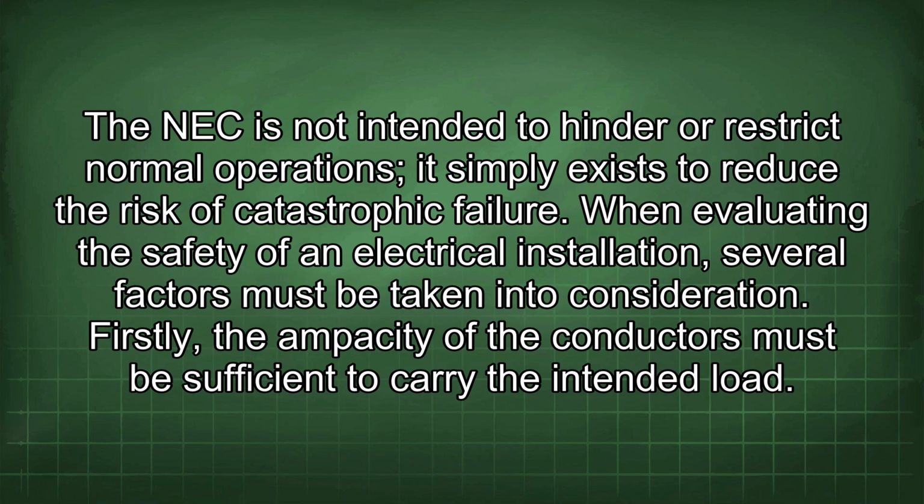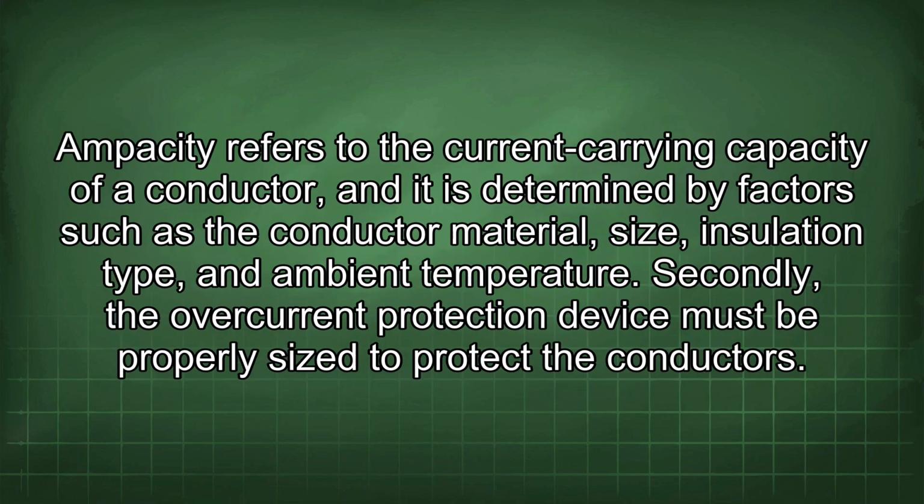Firstly, the ampacity of the conductors must be sufficient to carry the intended load. Ampacity refers to the current carrying capacity of a conductor, and it is determined by factors such as the conductor material, size, insulation type, and ambient temperature. Secondly, the overcurrent protection device must be properly sized to protect the conductors.